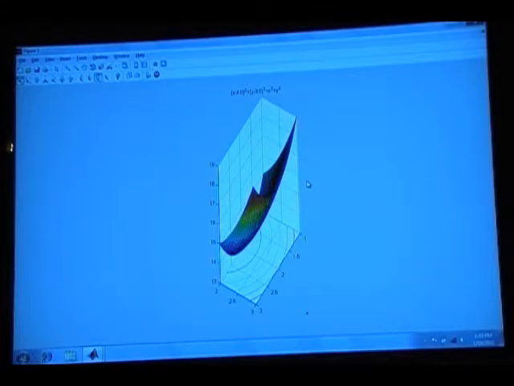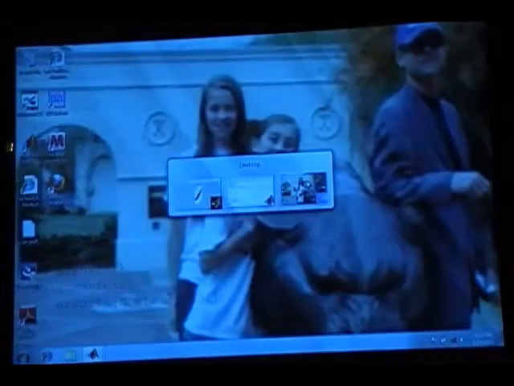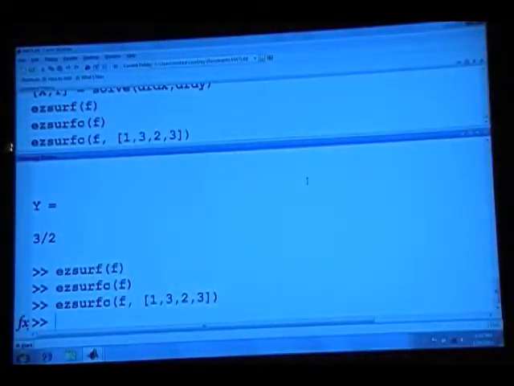I'm trying to think, kind of hard to tell which axis is which on the labeling here, but it doesn't look like, of course not, because the y value of the minimum is 3/2, and I didn't include 3/2 in the range.